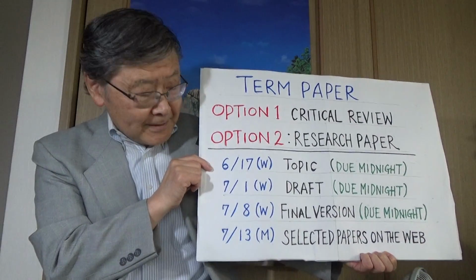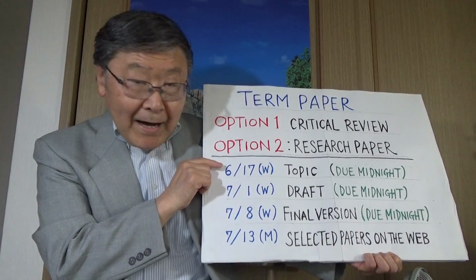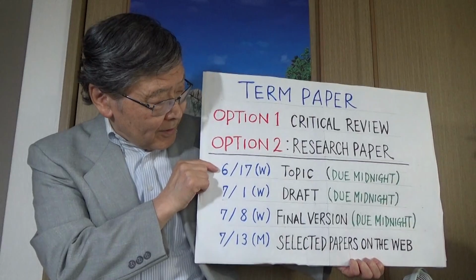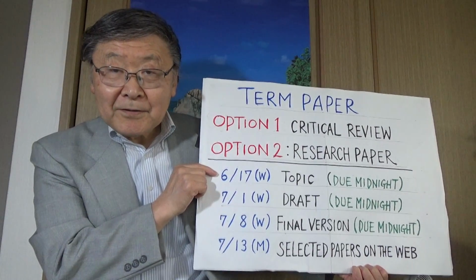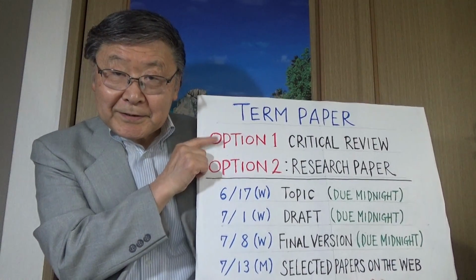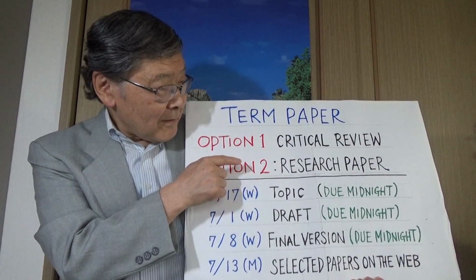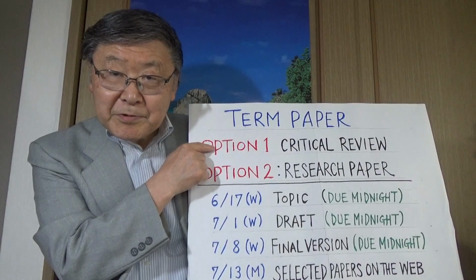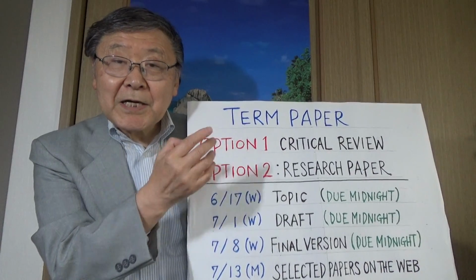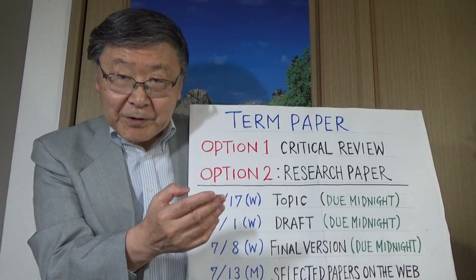Here are deadlines. By June 17th, you have to decide on which option you take, and then you have to decide on topics. In the case of option one, you have to decide which article you'd like to review critically.